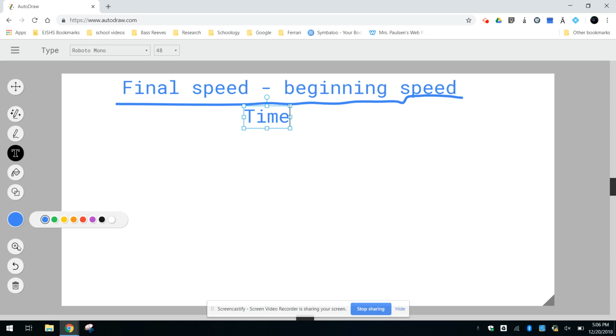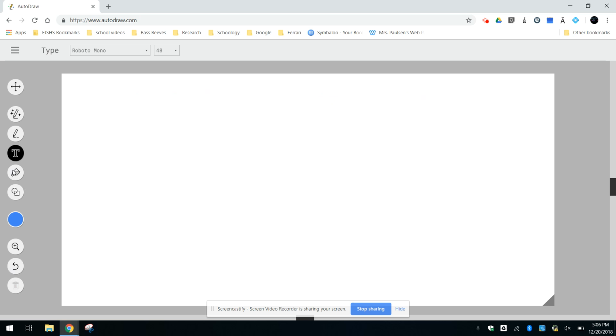Okay, we're going to use roller coasters for this. So a roller coaster starts moving at the top of a hill, starts moving at 10 meters per second. When it reaches the bottom of the hill, it is going 25 meters per second, and it took it 3 seconds to do that. So let's set up our equation.